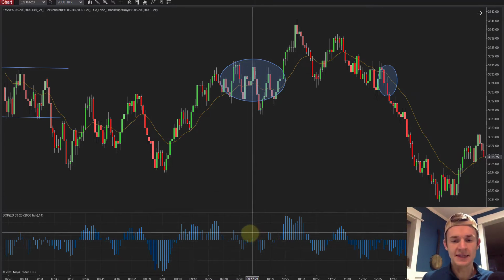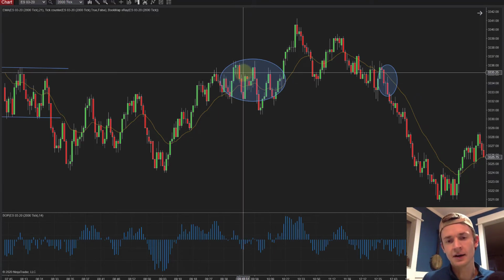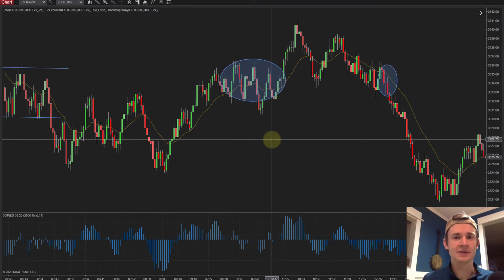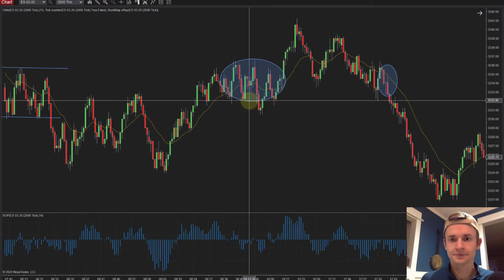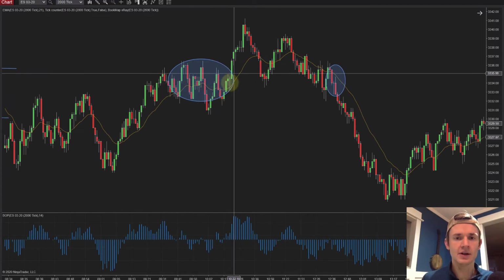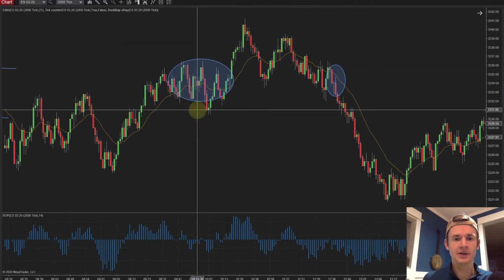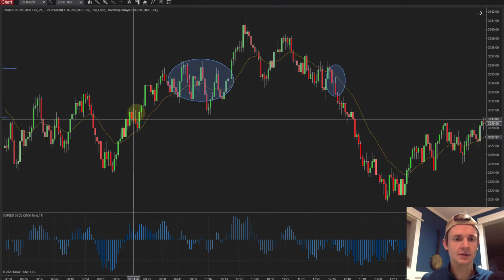It never was that big on the negative side, but unfortunately, if you were looking for a reversal there and looking at the balance of power, maybe that would have got you in short. Again, that's why I say it's got to play into whatever strategy you're using. You can't just look at these things blindly. And then you get one more push up after it, but then indeed, that's pretty much the end of it. So that would have been an okay place to get out if you had caught some of that move.